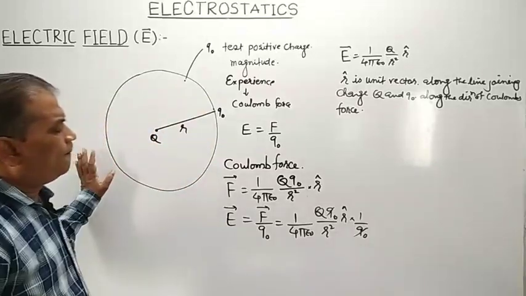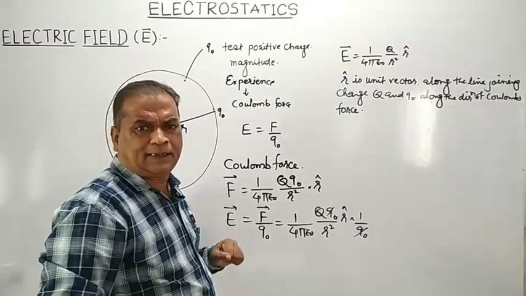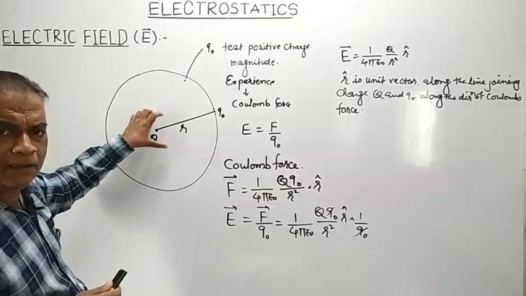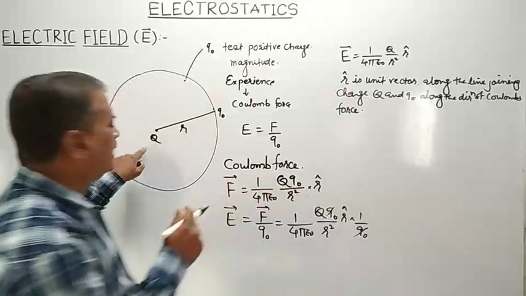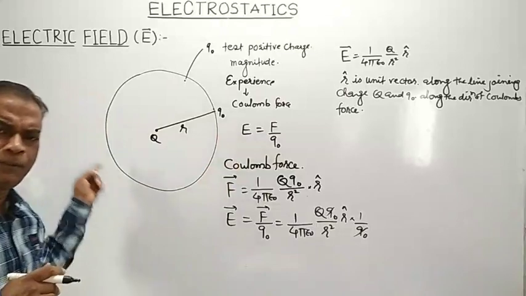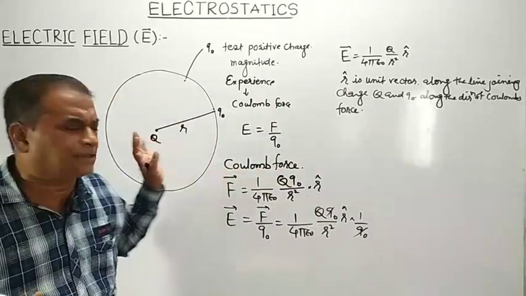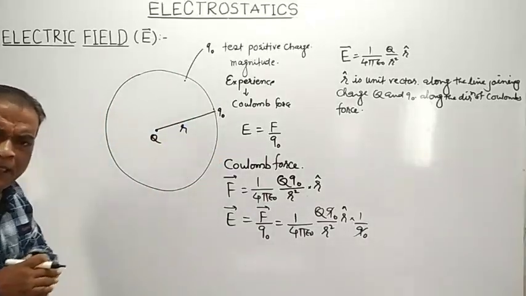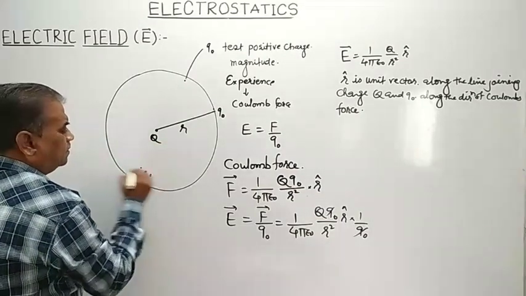Remember here that as far as electric intensity is concerned, every charge will produce its own electric field. Suppose we have a charge Q. A given charge produces its own electric field in its surrounding irrespective of the presence of any other charge. In the region of the electric field produced by this charge, there might be some other charge Q0.